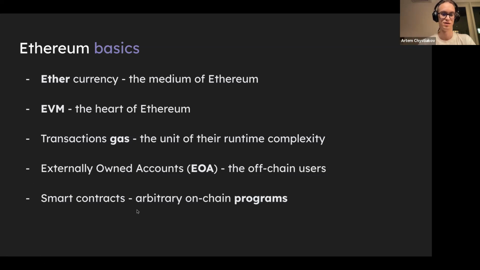And smart contracts are arbitrary on-chain programs. Smart contracts are nothing more than programs. They can do what they are coded to do and nothing more. Smart contracts are immutable. Once they are deployed, their bytecode can't be changed. So the behavior of a smart contract may change because it may depend on the storage it uses. It may depend on other smart contracts that also depend on storage and other smart contracts.